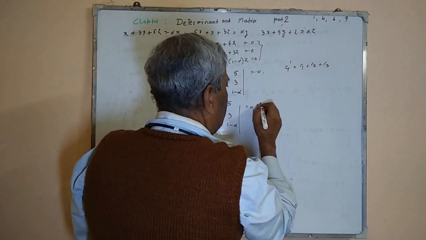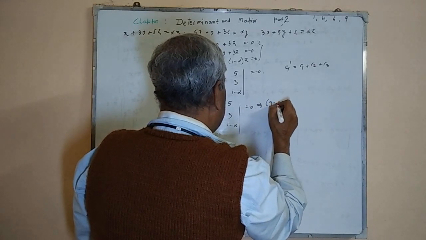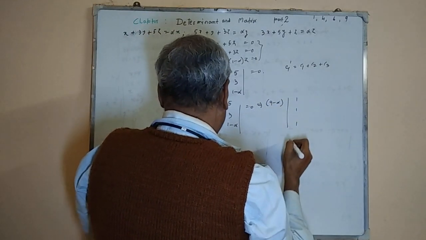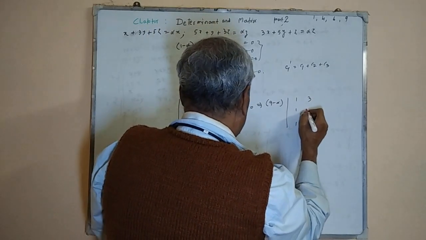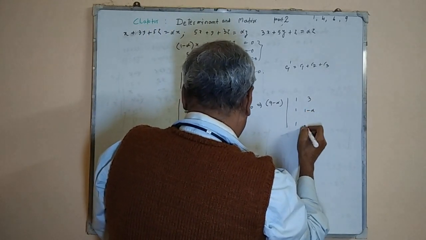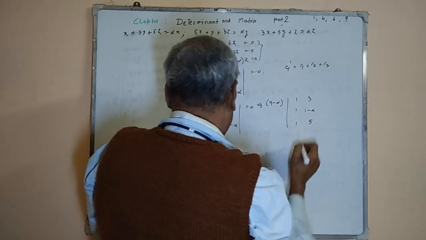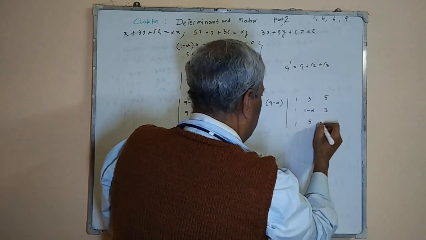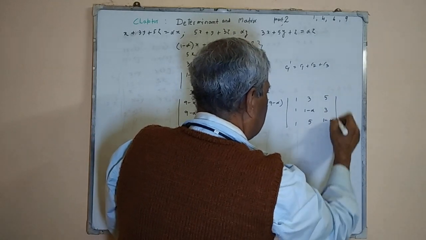So this gives 9 minus alpha into the determinant with 1, 1, 1; 3, 1 minus alpha, 5; 5, 3, 1 minus alpha.